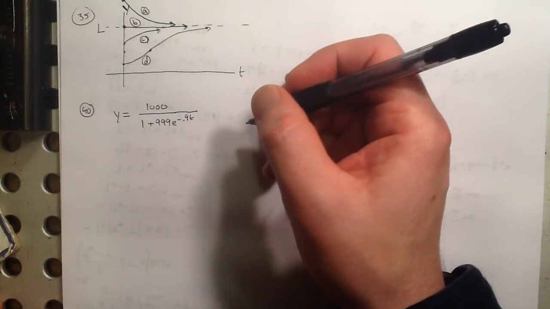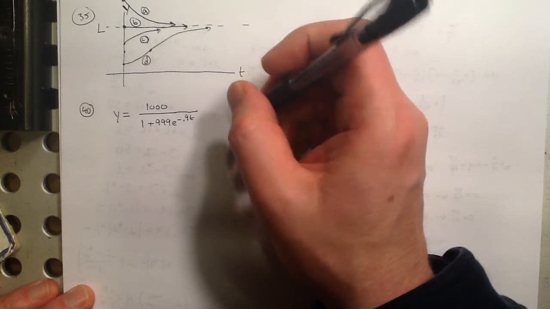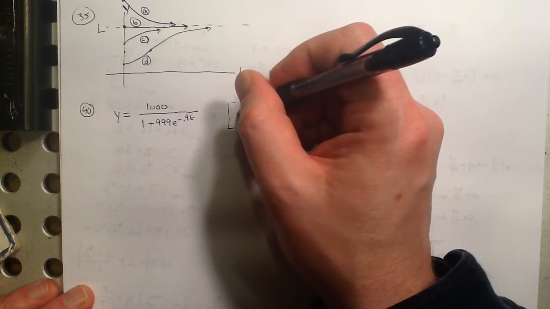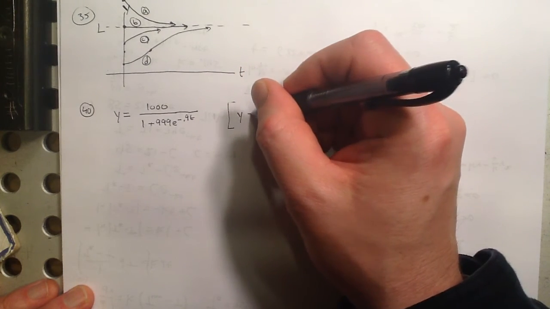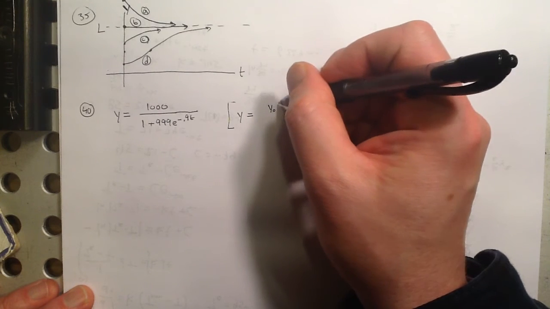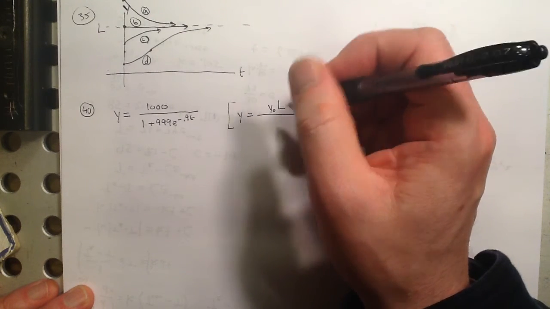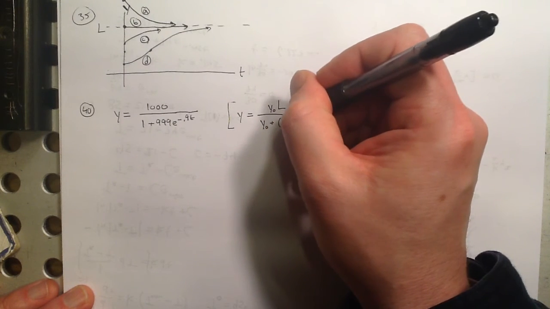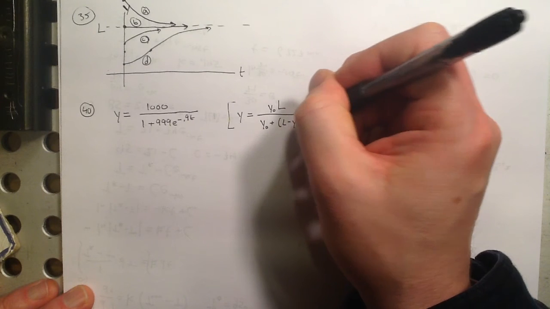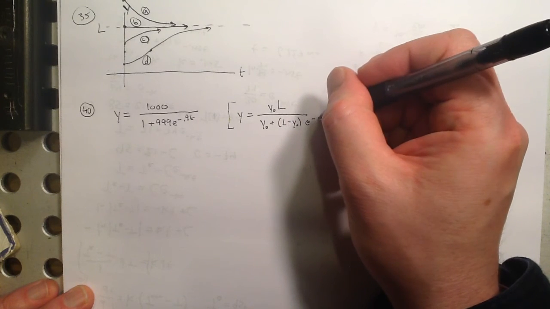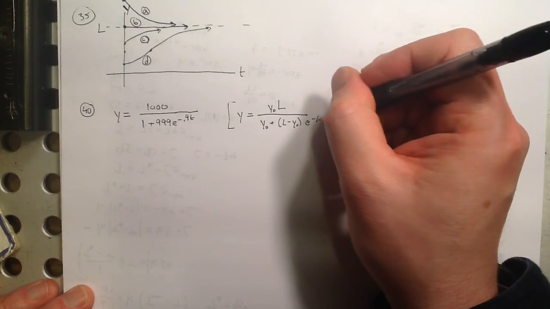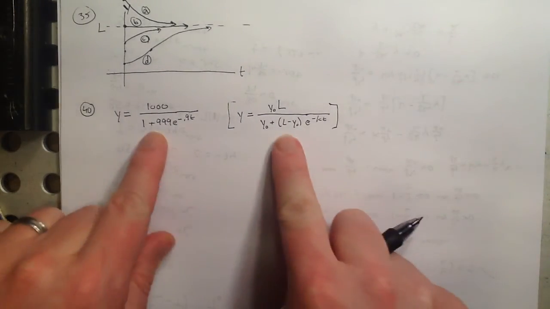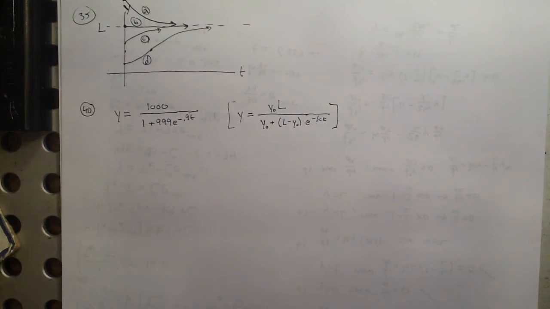They also gave us earlier in problem number 34 the solution for a logistic differential equation, one of the ways of writing it, and this is the way they have chosen to do it here. I'm going to use this model to figure out what's going on here. So we're going to play a little matching up game to try to figure out what's going on.